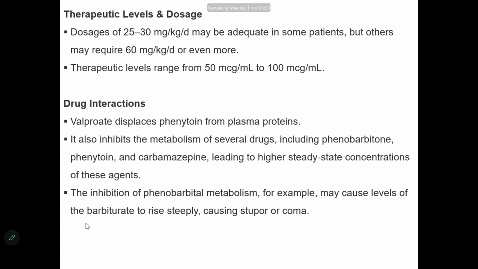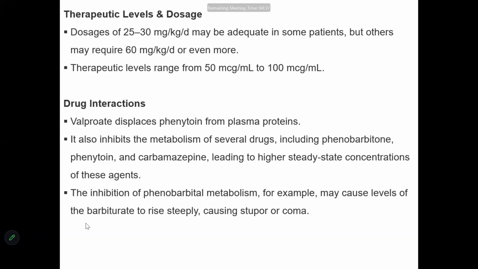These are drugs that can be given at very high doses. What I know in practical use, we don't go beyond 1,800 milligrams per day. When you do the serum levels, the range is between 50 and 100. Interactions: it displaces phenytoin from plasma protein binding because it is an inhibitor. It also inhibits the metabolism of several drugs, including phenobarbital, phenytoin, and carbamazepine.